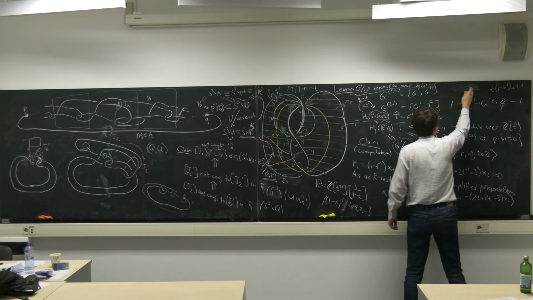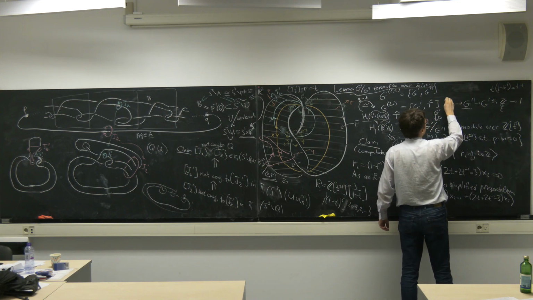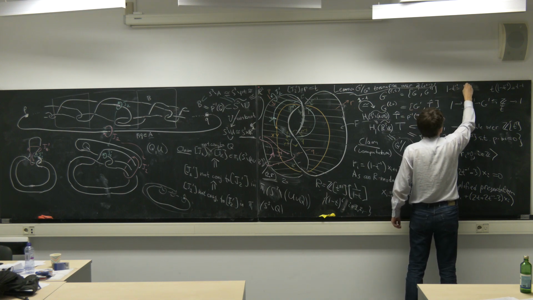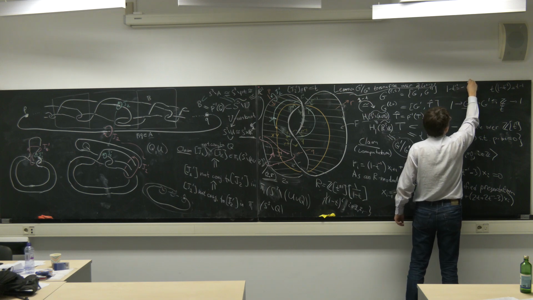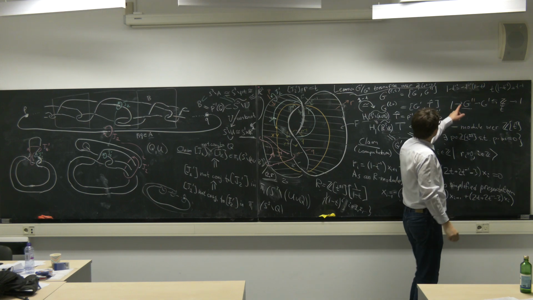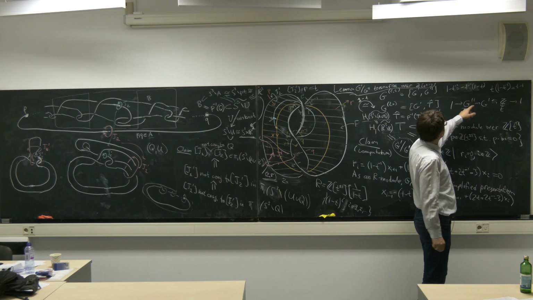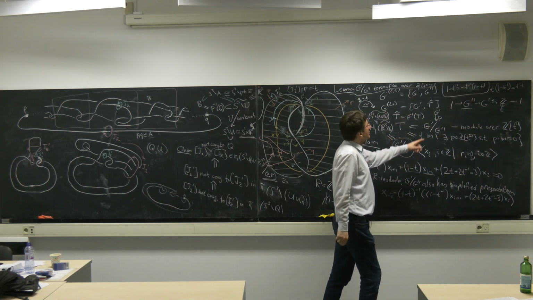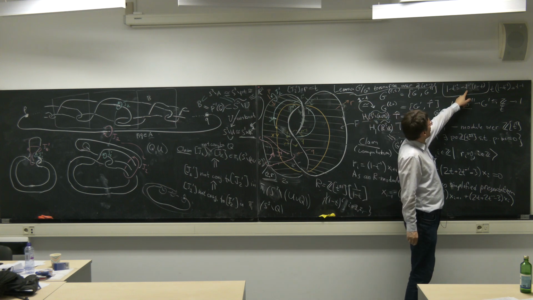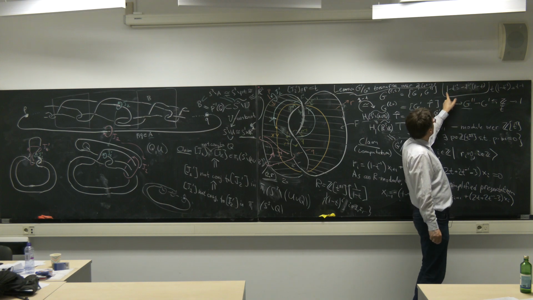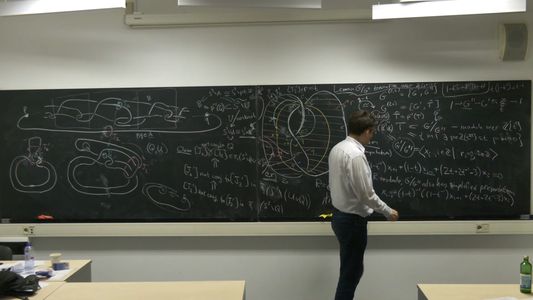So I can write 1 minus t inverse equals minus t inverse times (1 minus t). Yes? Yes. So t inverse we have in Laurent polynomials, and we can divide by 1 minus t. So we can also divide by 1 minus t inverse.